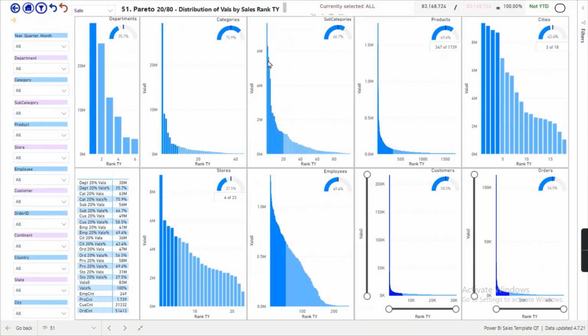Let's see in subcategories the same. 20% of subcategories, in dark blue, are generating 67% of sales. The same in products. 347 products are generating 70% of sales.